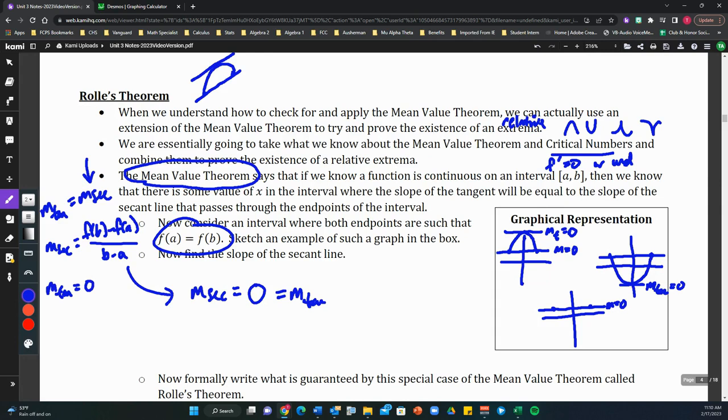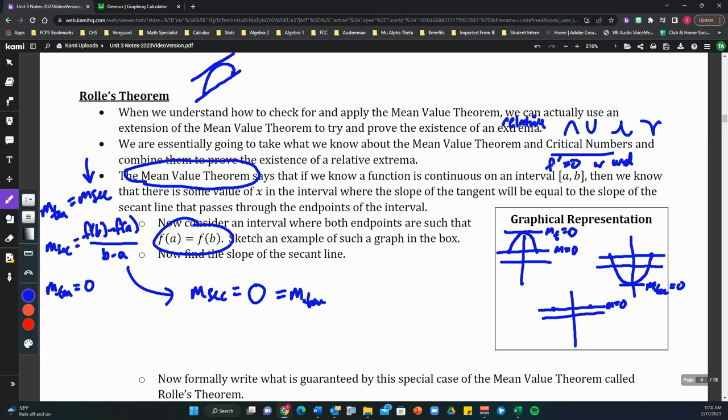The only thing is it's not really all that special because everywhere on that graph between the endpoints would have a slope of 0. So that's not all that interesting. We don't really concern ourselves with this because we would know that the derivative looks like this simply by the fact that the original function would have to be a constant function. There's nothing really exciting there. We don't do much analysis of constant functions because they're kind of boring.